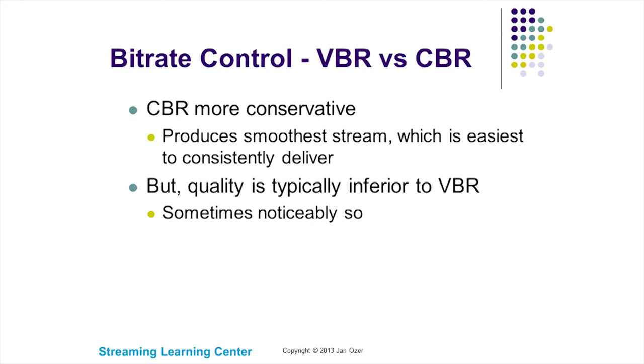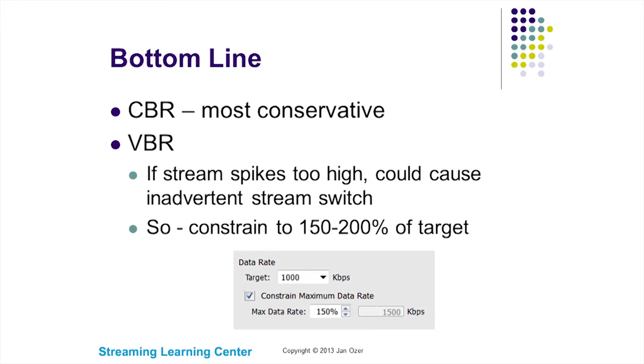When I work as a consultant, my biggest priority is making it work and making it work reliably. So I typically use either CBR or very highly constrained VBR, like maybe 1.25, constraining the maximum data rate to 1.25. So here's what that would look like in Squeeze.